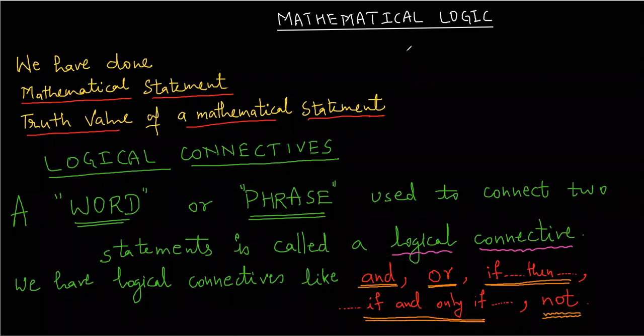What is the meaning of binary connectives? These all are binary connectives because when you are using and, you will have one statement here, then you will have and, and then you have another statement here. In between you have and. So there are two simple statements which you are connecting with the help of and.